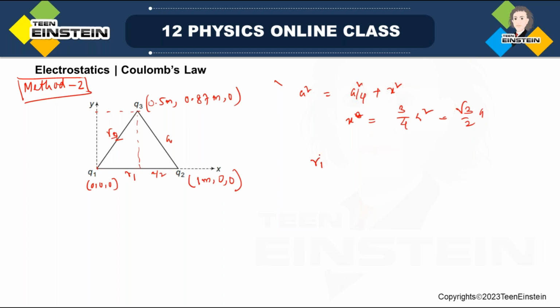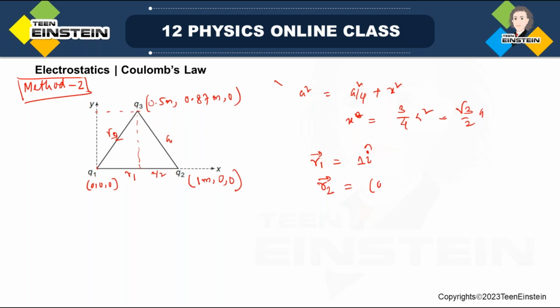So what is r1 then? The r1 vector is 1 into I cap, only I cap, right? And what is the r2 vector?